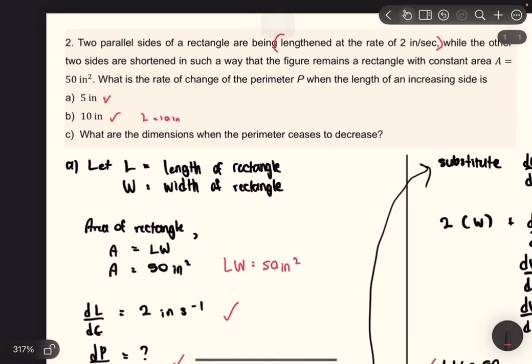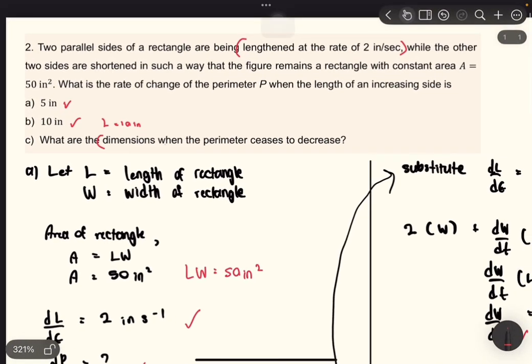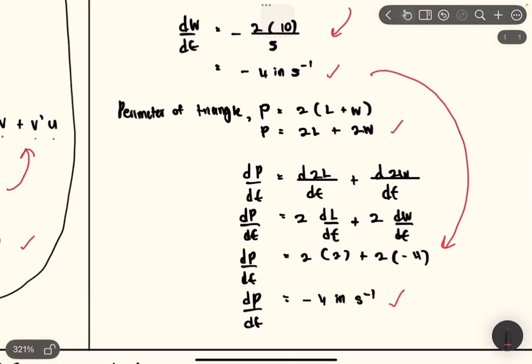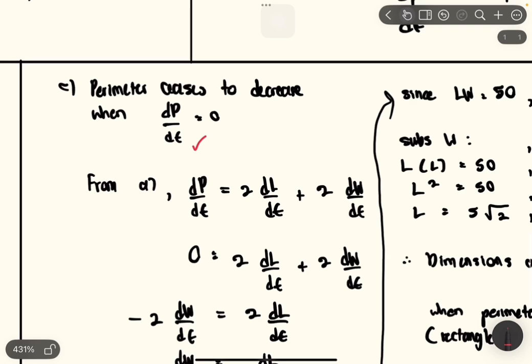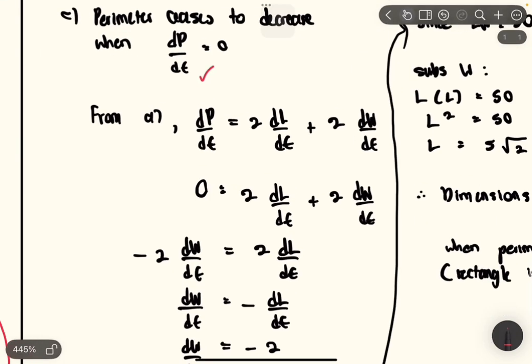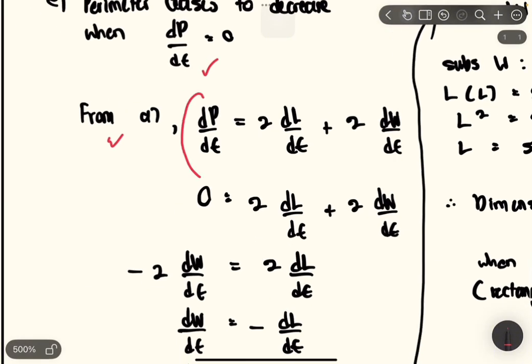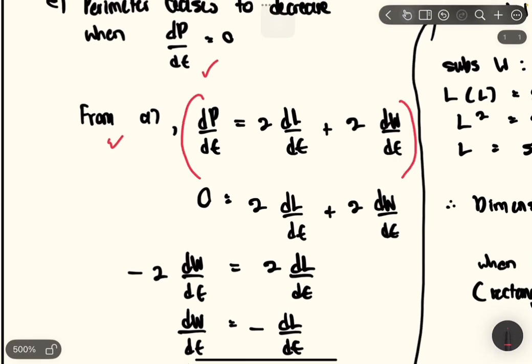Then question C is asking for the dimensions when the perimeter ceases to decrease. Whenever something ceases to decrease, our dP, our rate of change, equals 0. So referring to question A, we have obtained this equation earlier.